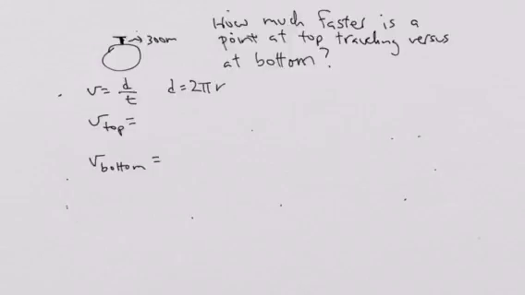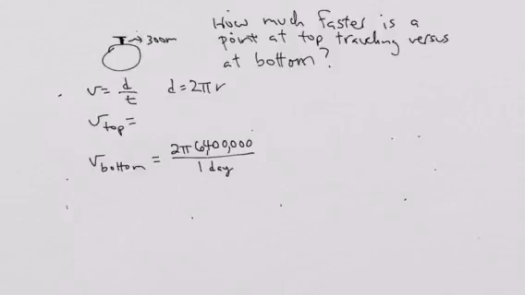So the velocity at the bottom is 2 times pi times 6,400 kilometers, and I add 3 more zeros to turn that into meters. The time is 1 day until we turn that into seconds.